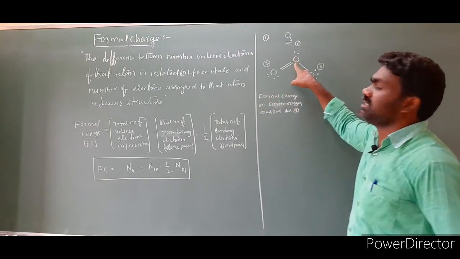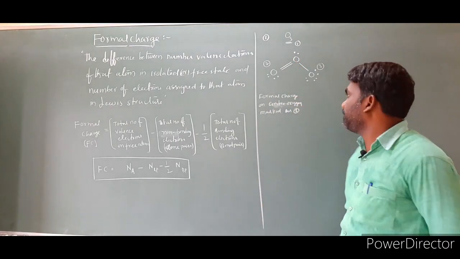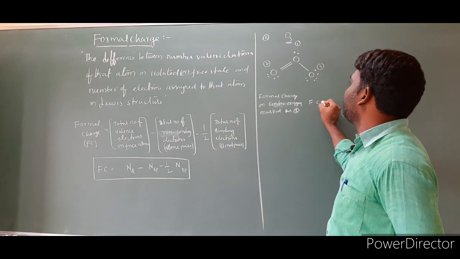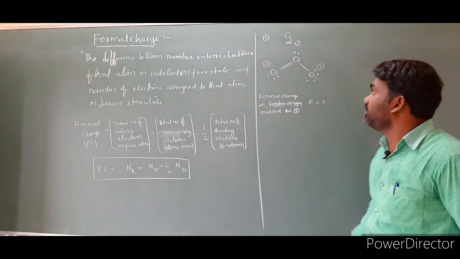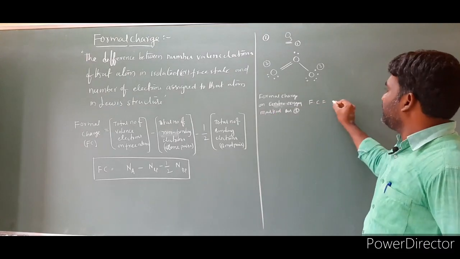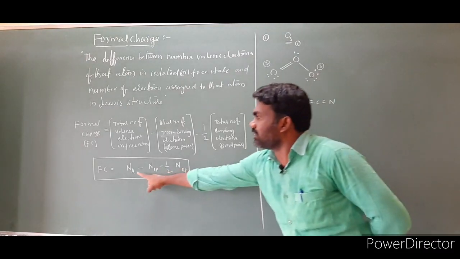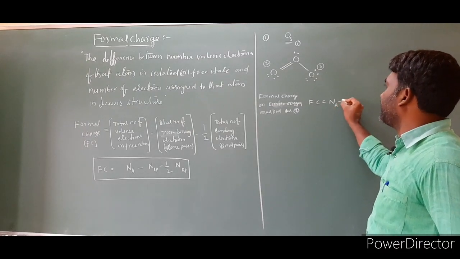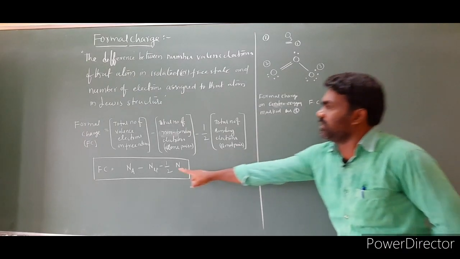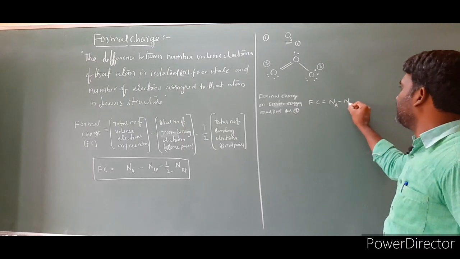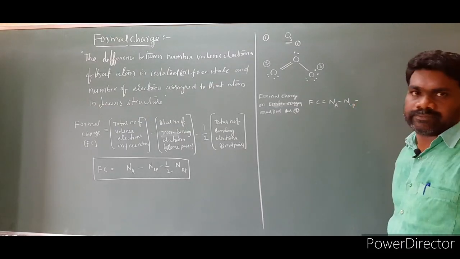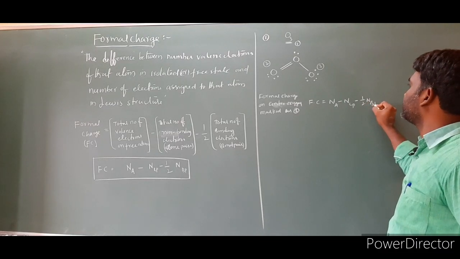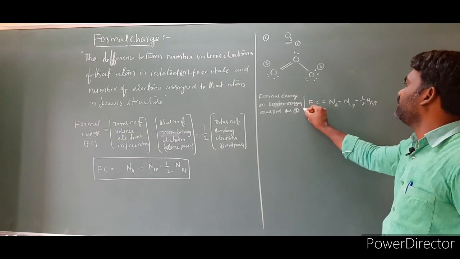What is the formula? Formal charge Fc is equal to the number of valence electrons in the free state of the atom, Na, minus the number of lone pair electrons, Lp, minus half into the number of bond pairs. So this is the formula we have to use to calculate.